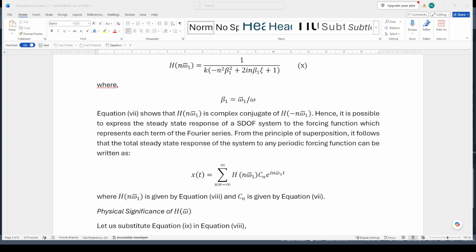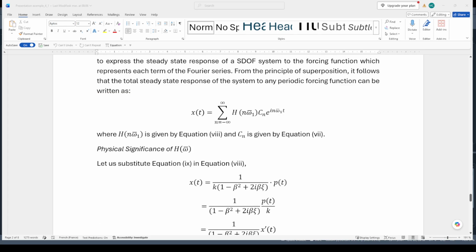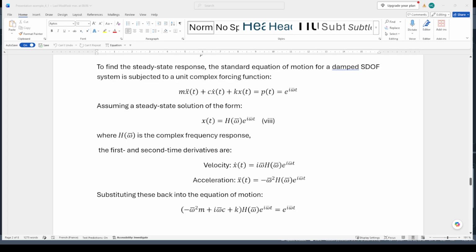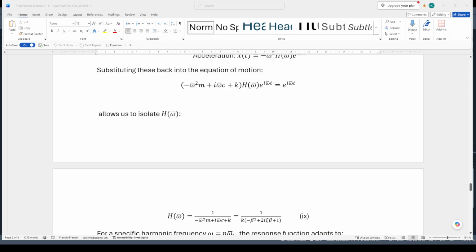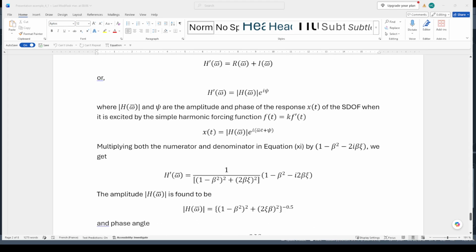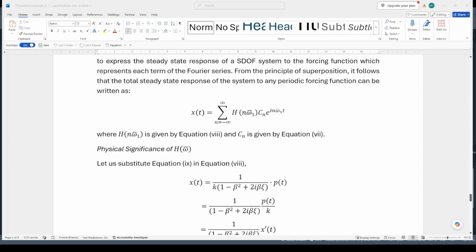By the principle of superposition, the total steady state response of the system to any periodic forcing function can be written in this way, where Hn omega 1 is given from equation 8, and Cn is given from the equation set.